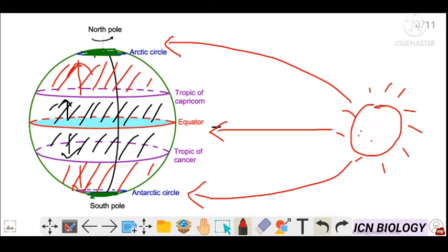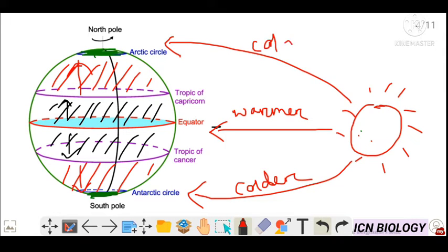Due to being nearer to the sun, the climatic condition of the equator is warmer, whereas the polar region, being far away from the sun, is colder.